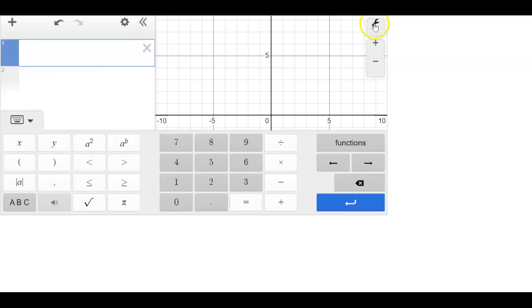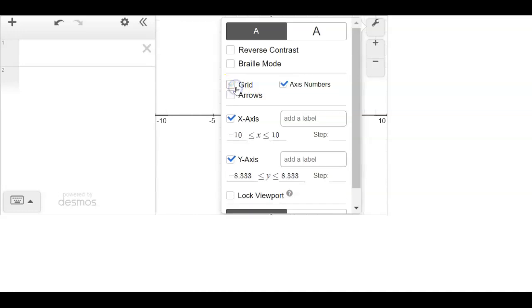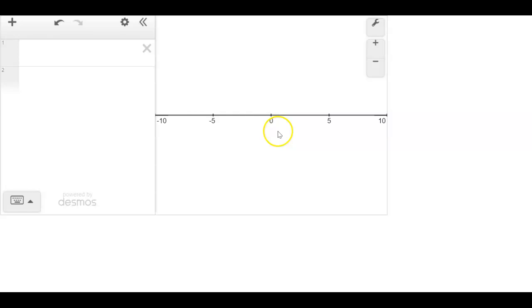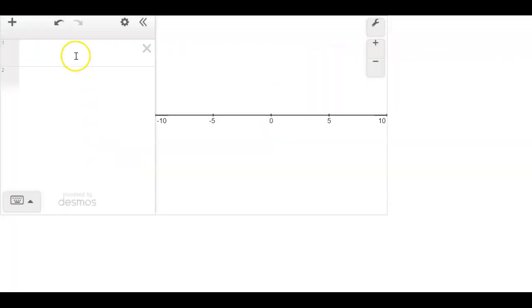So you go here to that wrench, take the grid off, and take the y-axis off. And that gives you this number line. And then you can zoom in and out to see where the points plot. So let's go ahead. We already have 18.44, 18 and 3/5. So let's see.